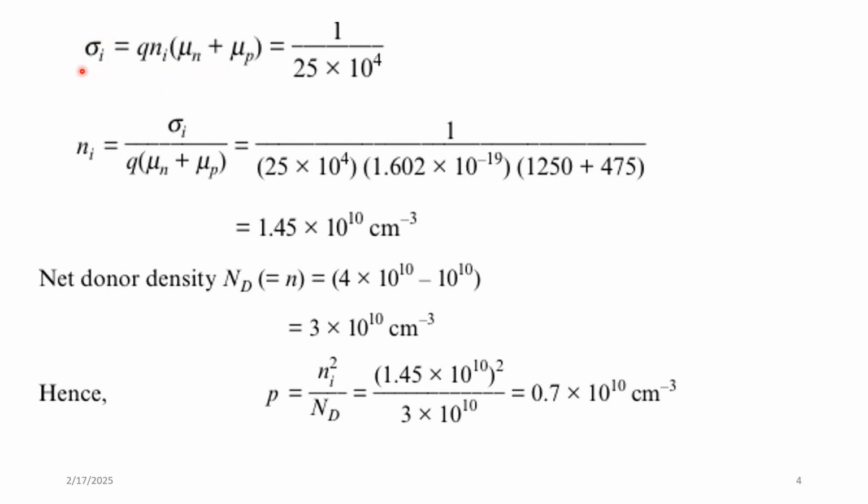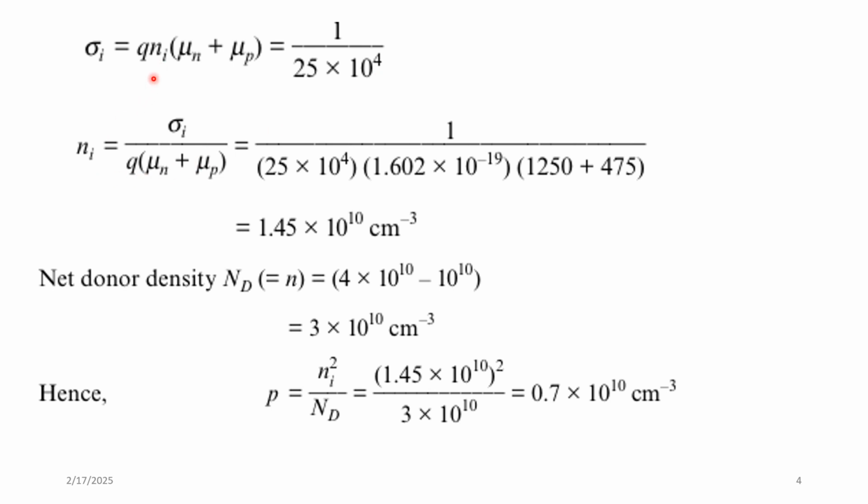The value of sigma i is given by the resistivity in the question. The relationship is that conductivity and resistivity are reciprocal. So I am substituting 1 by resistivity, so 1 by 25 into 10 power 4, the given data.